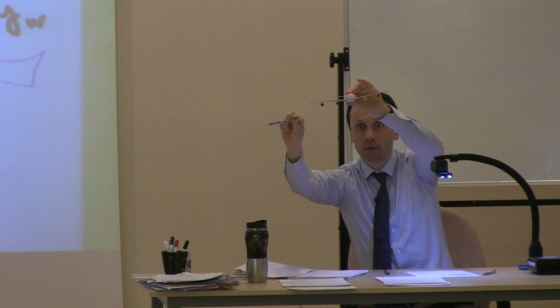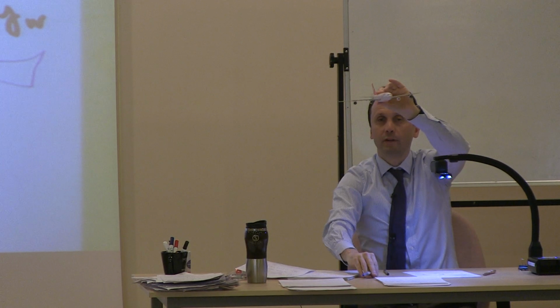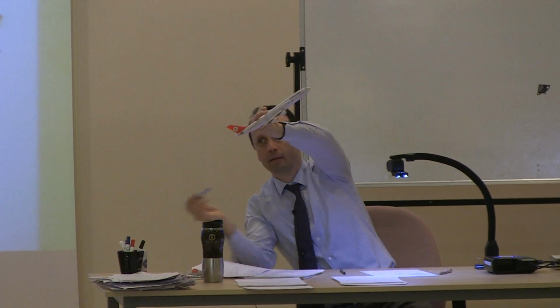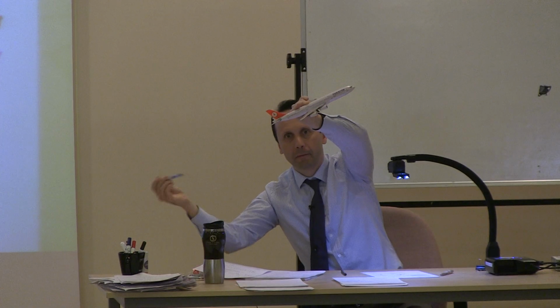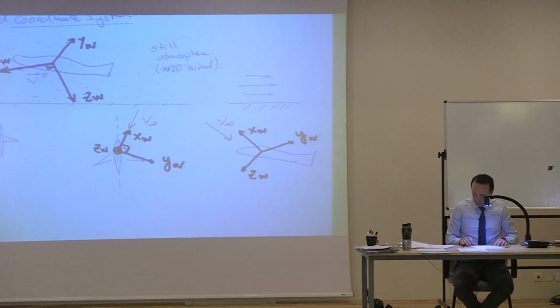Xw is like that now. X body is still here. You see? What if the airplane is falling backwards? Where is V infinity? Coming from the back. So V infinity is not always this pretty picture here. It's not always this one. So you have to understand, Xw always points towards V infinity.